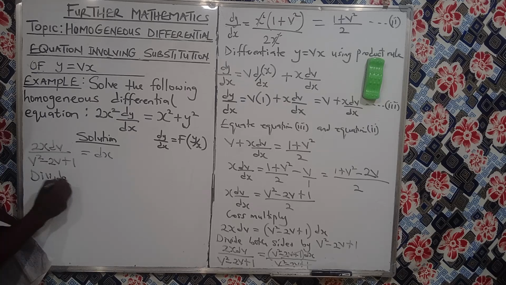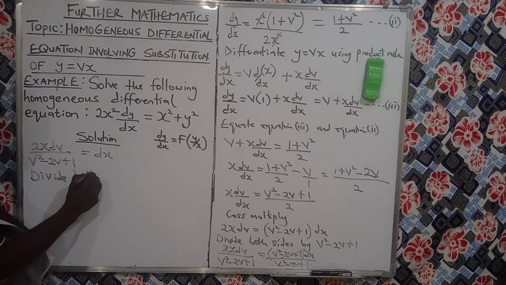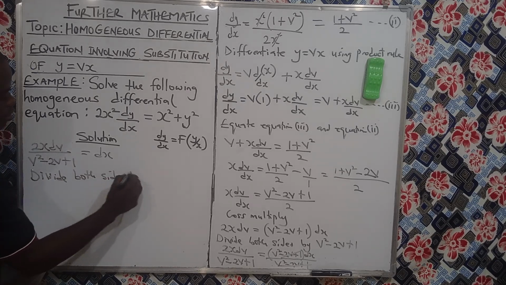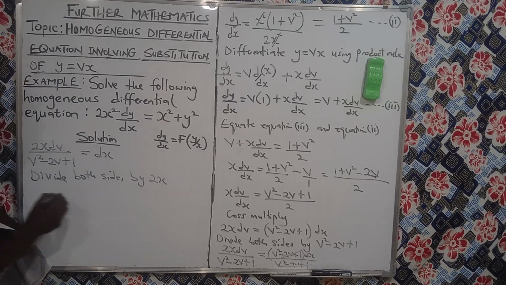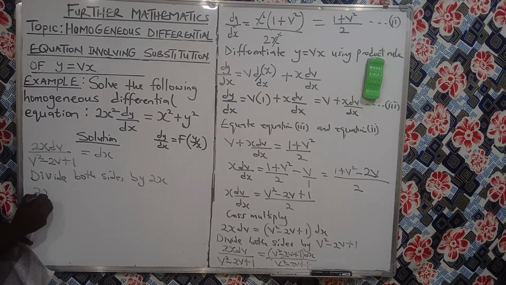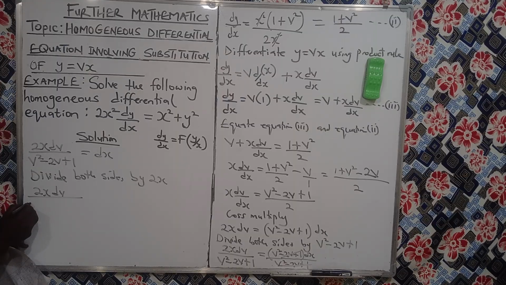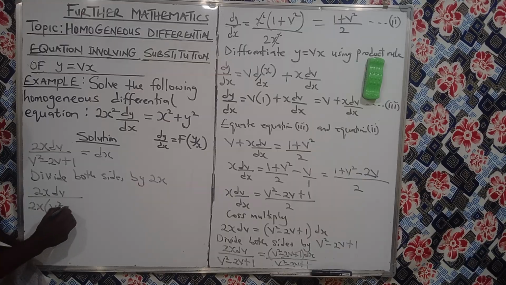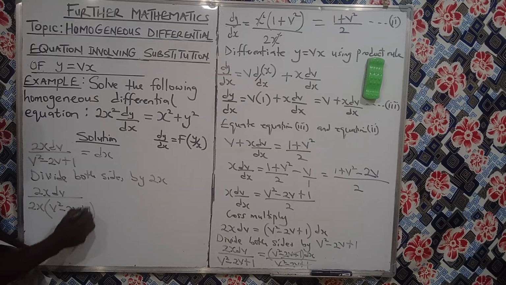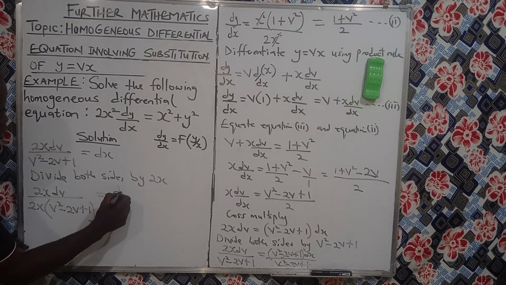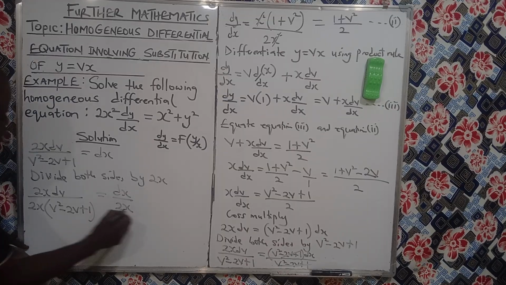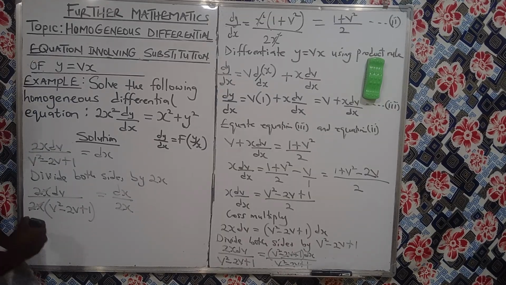Now we have 2x dv over 2x into v squared minus 2v plus 1 equals dx over 2x. 2x cancels 2x.